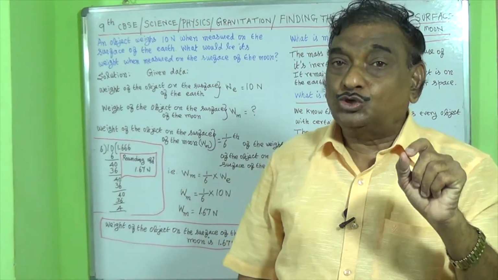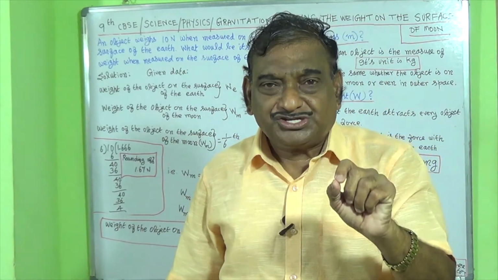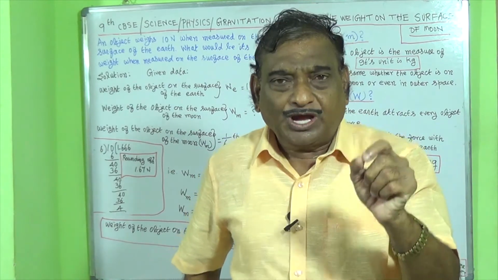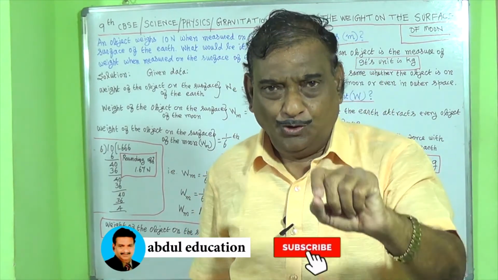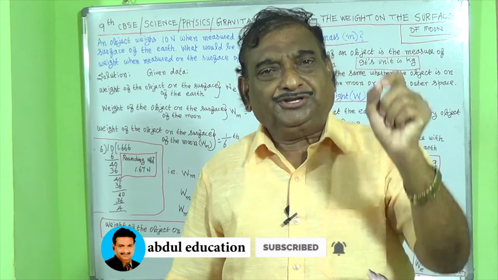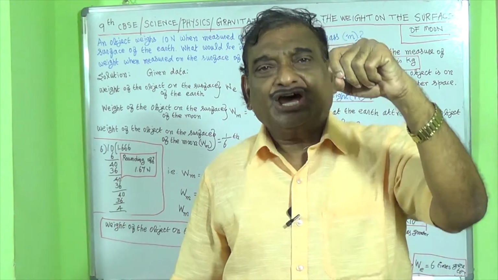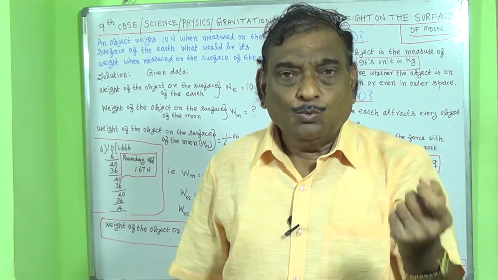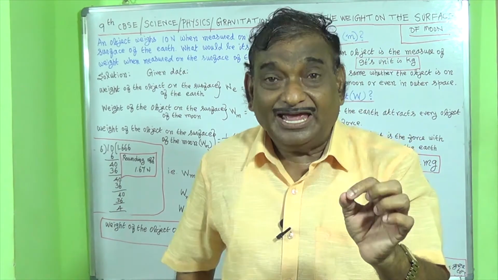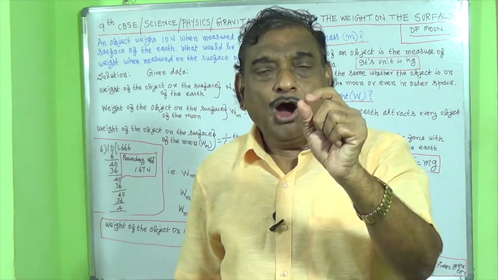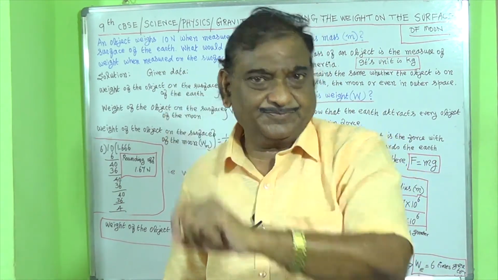If you want to know the calculation accurately, you can see my separate video on how the weight of the object on the surface of the moon is 1 by 6 times the weight of the object on the surface of the earth.